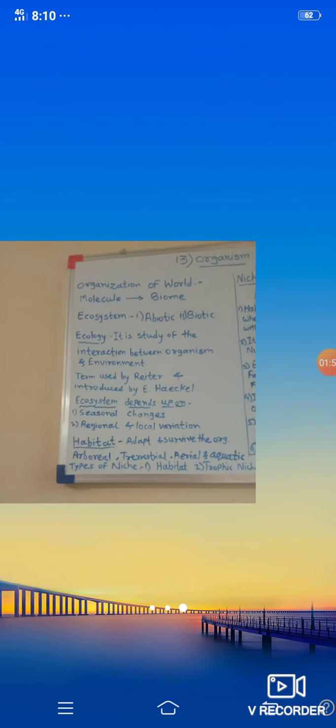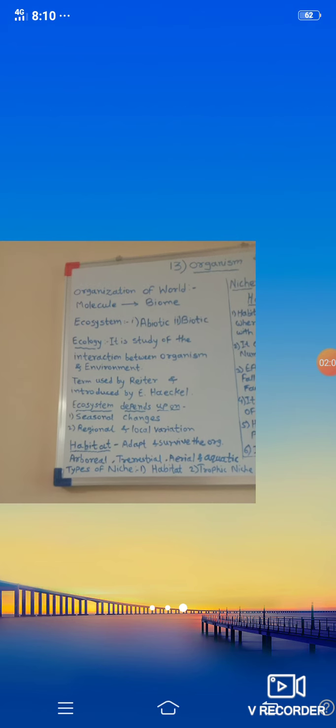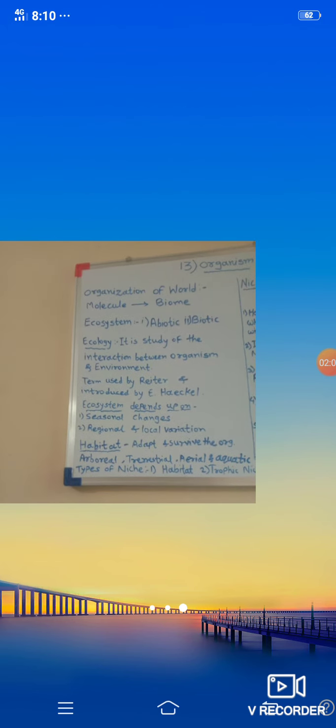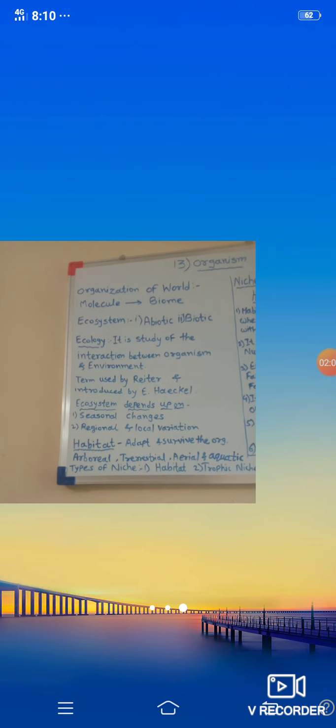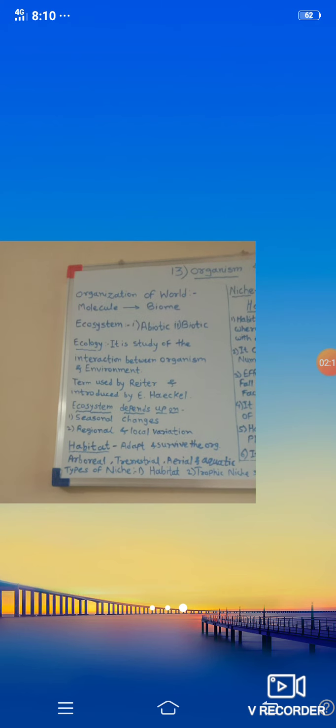So the organ means, like, forelimbs, hind limbs, our systems are collectively formed, and they form the organism.